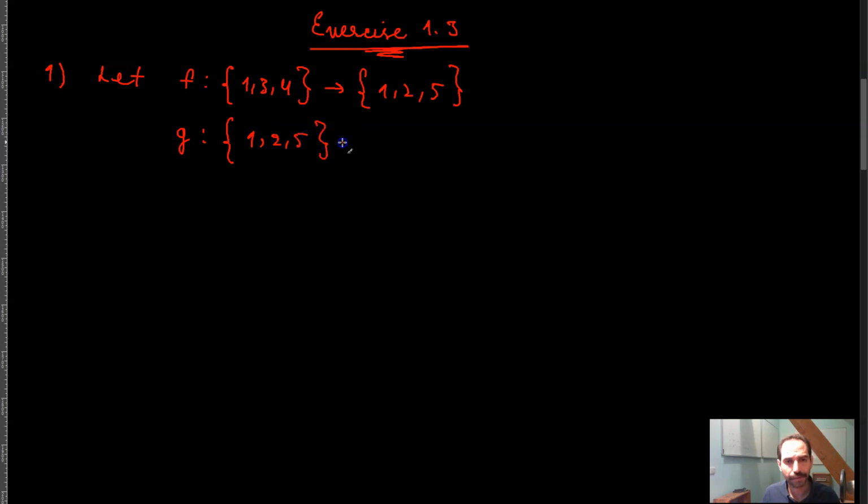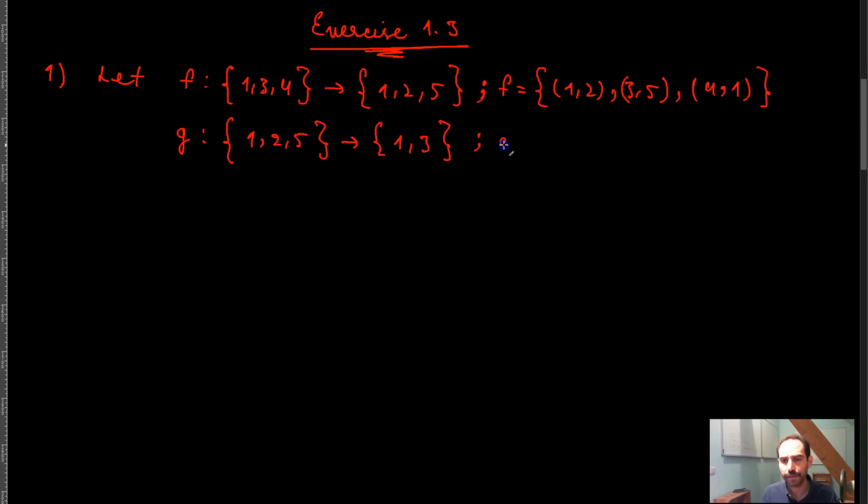And f is equal to this set, which is {(1, 2), (3, 5), (4, 1)}. And g is the same thing as {(1, 3), (2, 3), (5, 1)}.